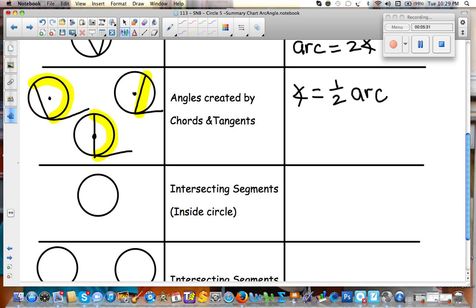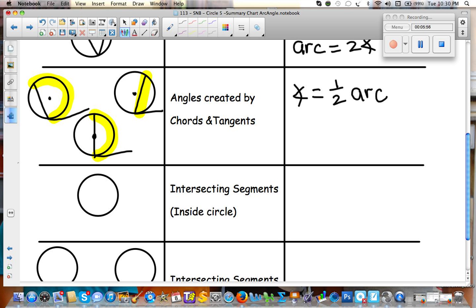We already know that if the chord, in this picture right here, happens to be the diameter, it's going to be the semicircle, and if the tangent touches at the point of tangency, half of the semicircle is half of 180, which means we have perpendicular lines there where the angle is equal to 90 degrees.